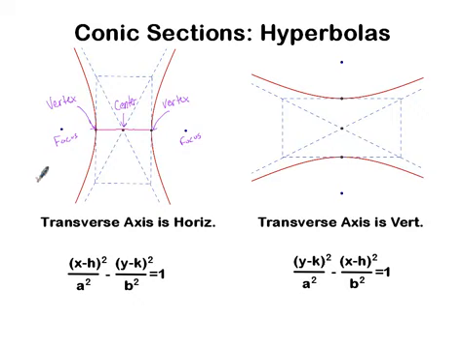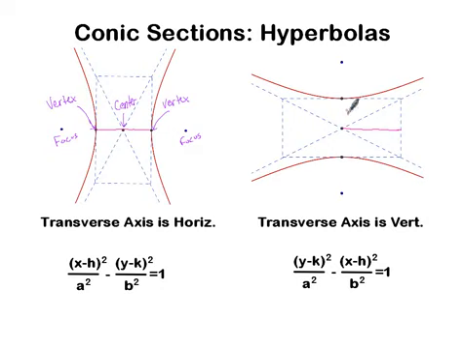Alright, and now when we graph these, we're going to have to know the distance from the center to each focus. If we were to draw a line from the center to the endpoint of what is called the conjugate axis, the conjugate axis is the one that goes perpendicular to your transverse axis.